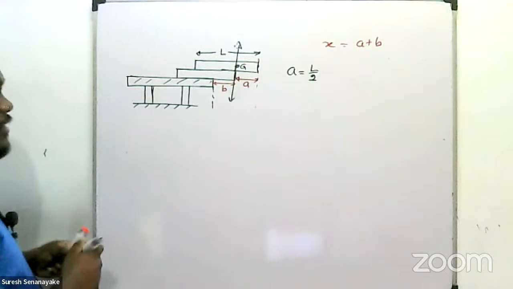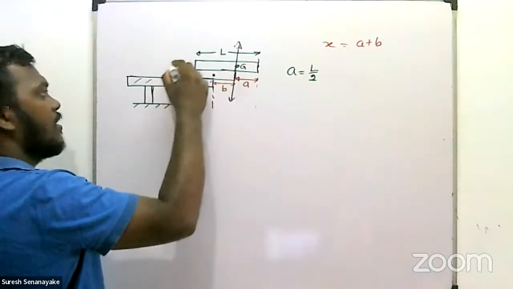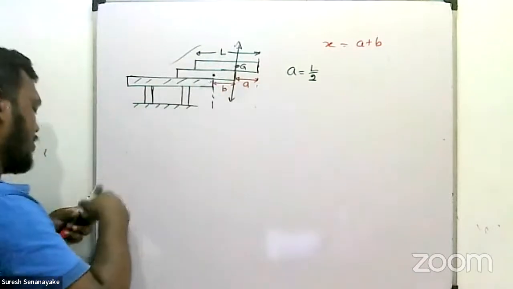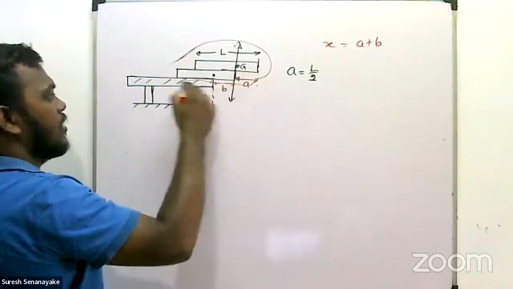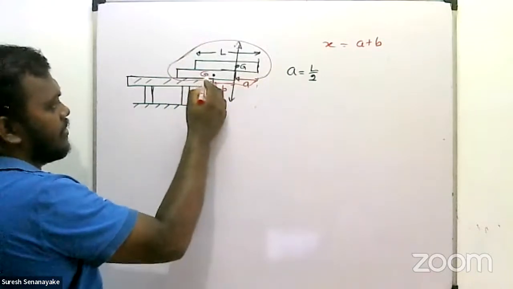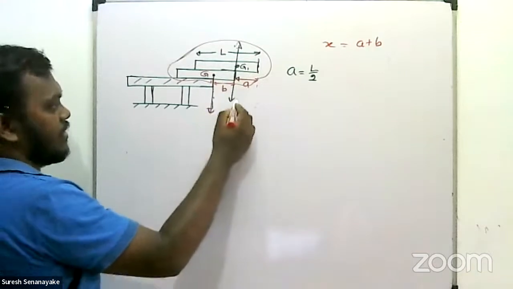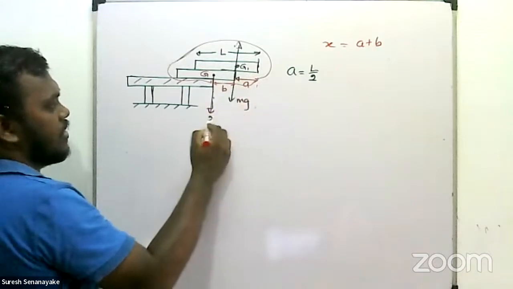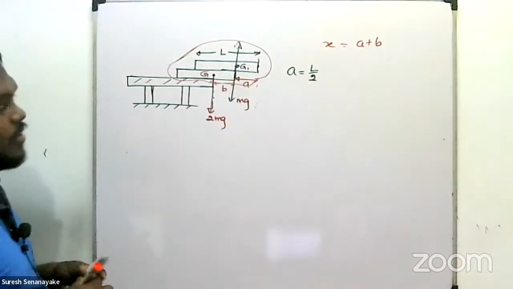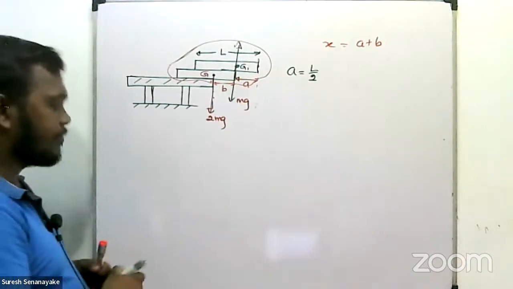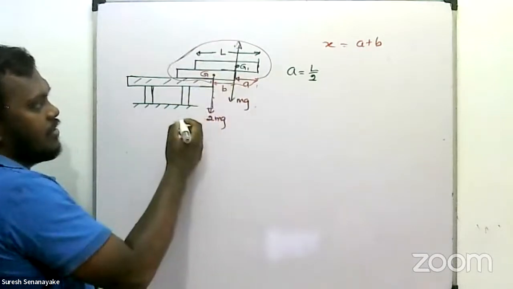And then the center of gravity of this whole system should act here. All the system means there are two blocks, with total weight 2mg, and these are identical blocks. So the center of gravity of the whole system should act here.